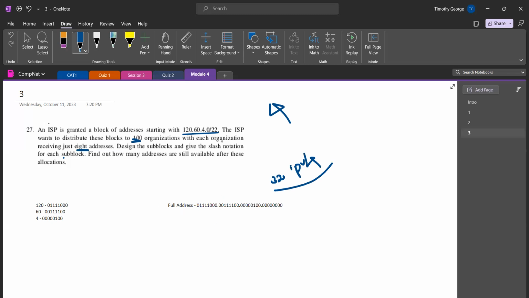Now you're given the address, and now you have to calculate. You're given the prefix 22. So the first 22 bits from here will be the prefix. The way they do this is they write 1 twenty-two times: 1, 2, 3, up to 22.